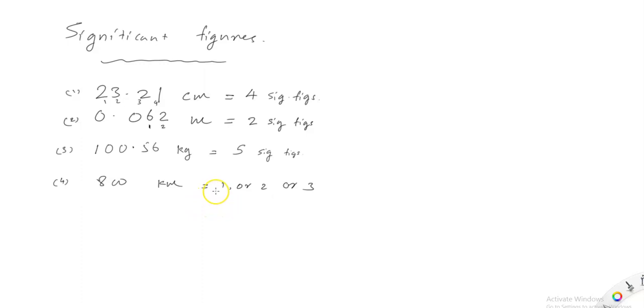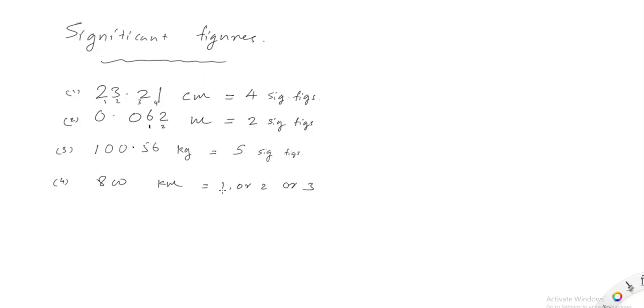One significant figure means you know approximately this answer is around 800. Let's say you are measuring the distance between two cities, you have a vague idea it's around 800 kilometers.